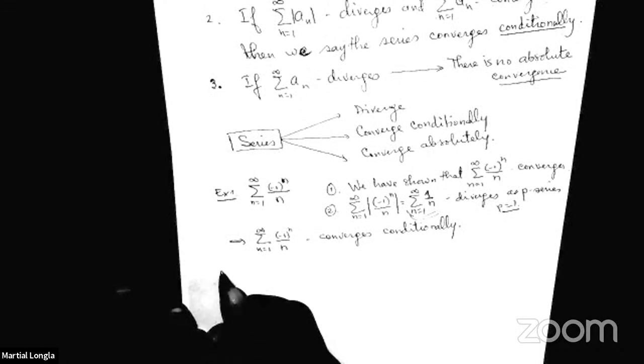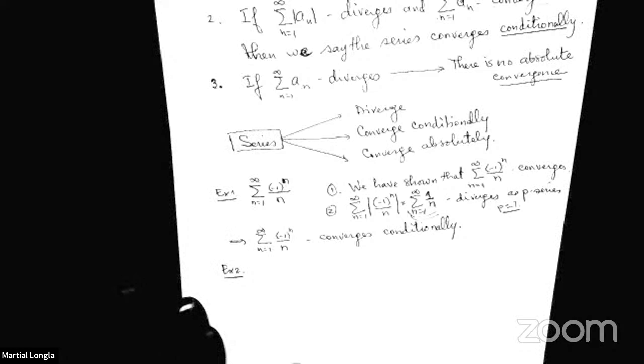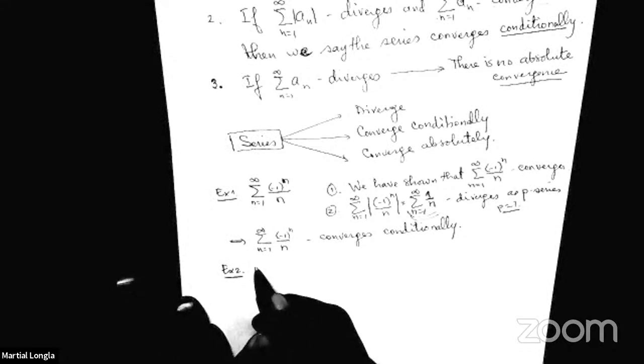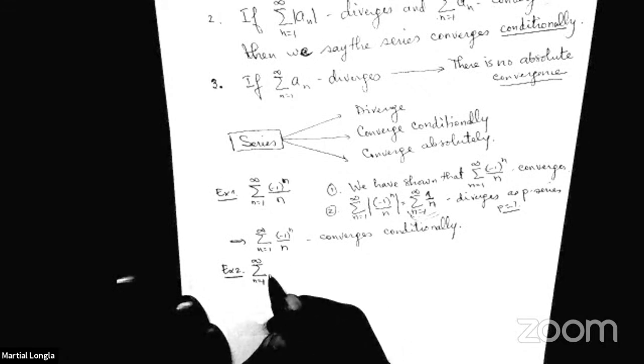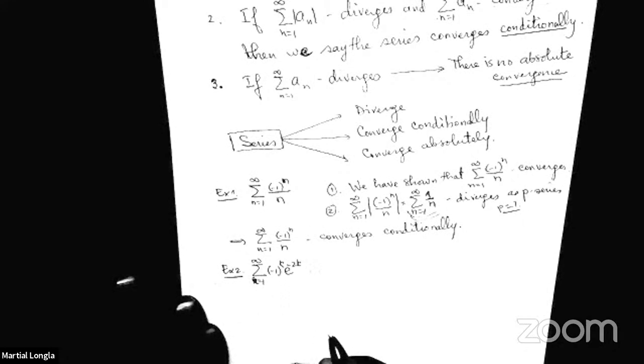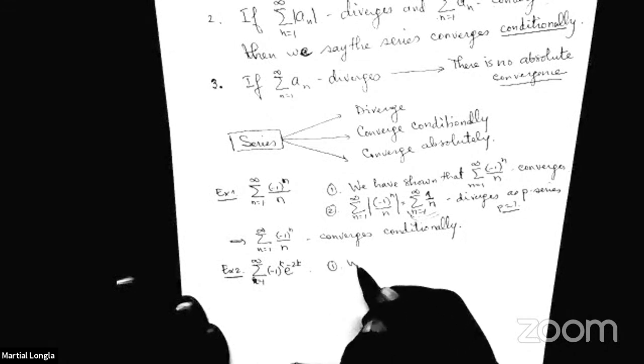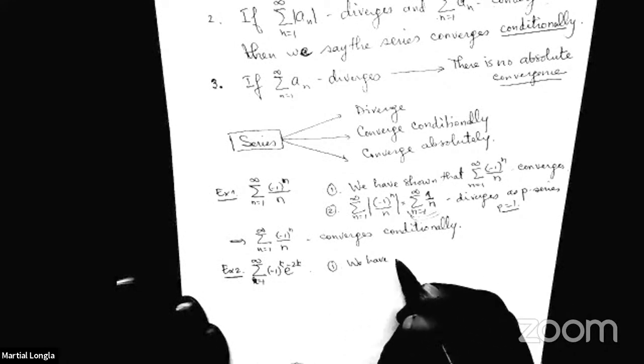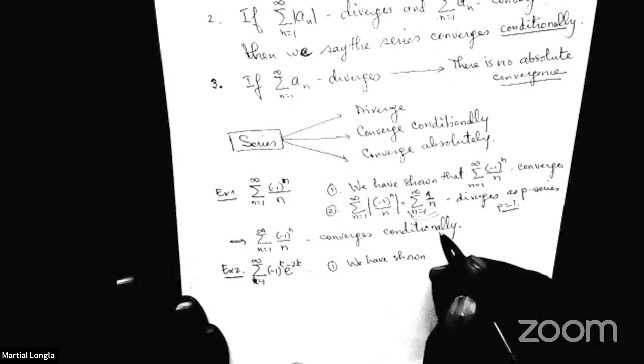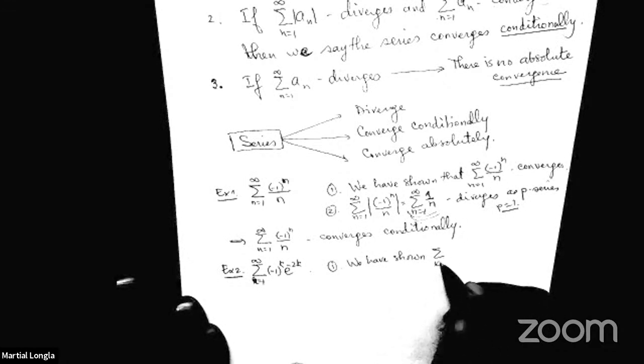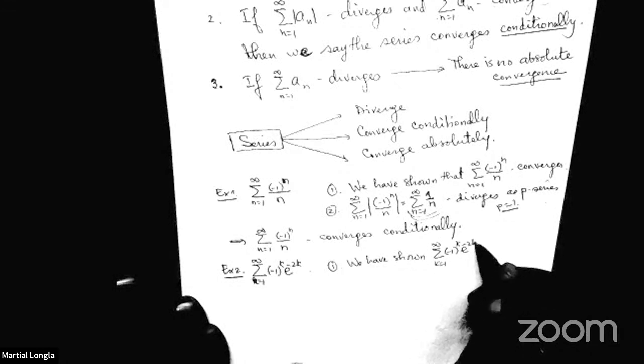In example 2, we had the sum, and we use k, of (-1)^k e^(-2k). And for this, we have shown that the sum k from 1 to infinity of (-1)^k e^(-2k) converges.